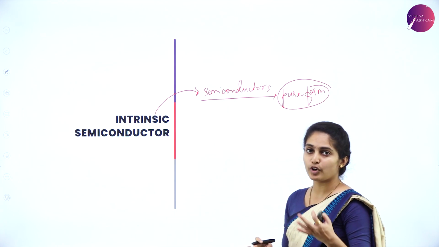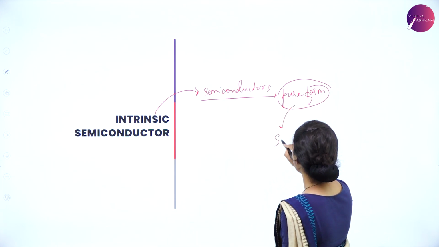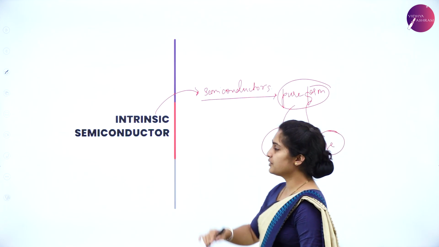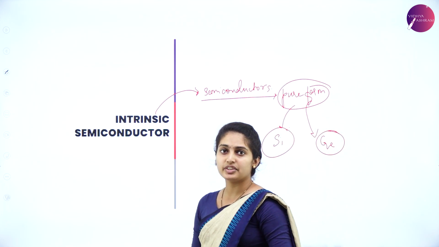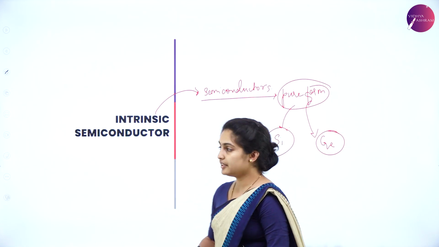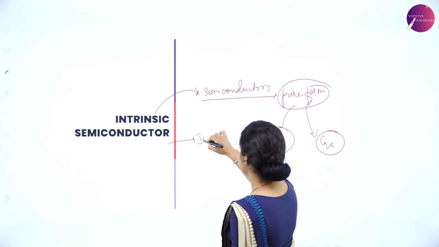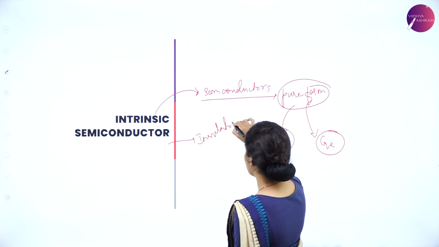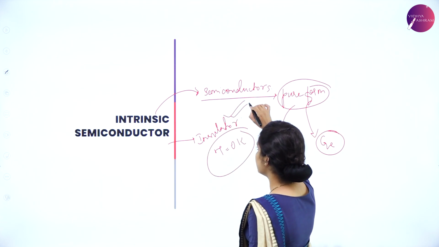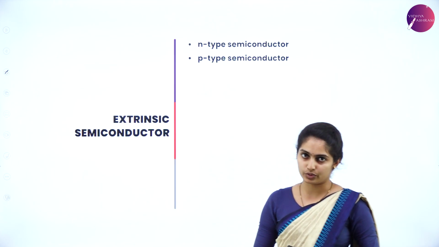It is just a pure form of a semiconductor. We can give the examples of silicon and germanium. All these come under intrinsic semiconductors. Intrinsic semiconductors act as insulators at temperature 0 Kelvin. That is the one which you will have to note down.